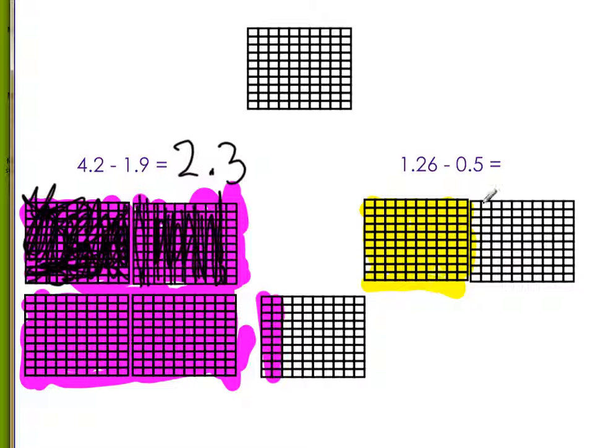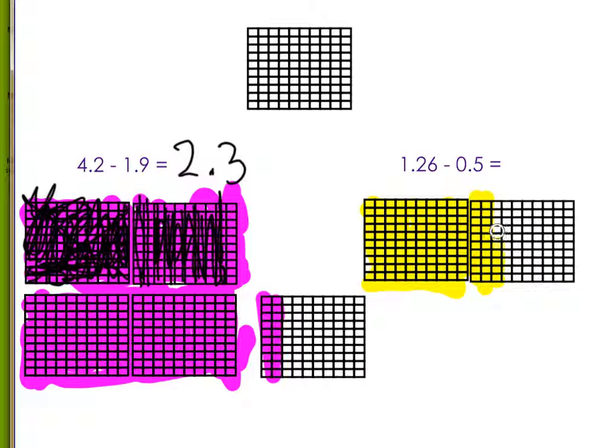Outside the lines again. And 2/10, so there'll be 1 and 2/10 and 6/100. So I need 6 more squares colored. Oops, it accidentally did one too many squares. So let's see if I can get rid of one of those.